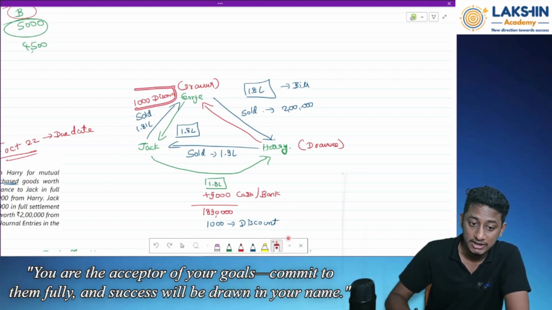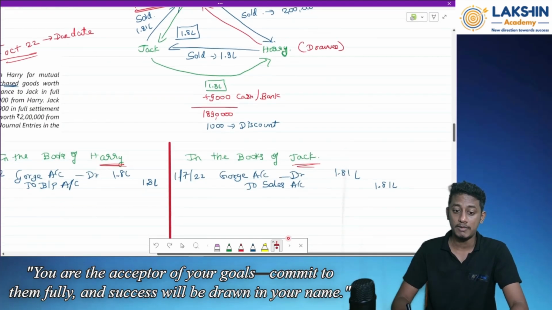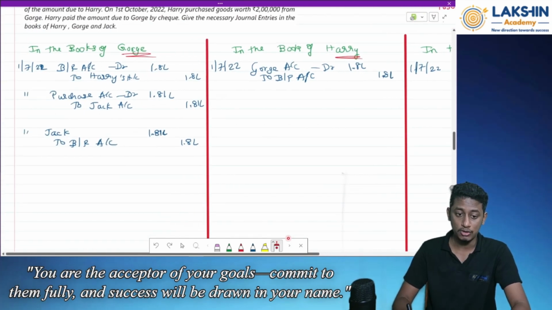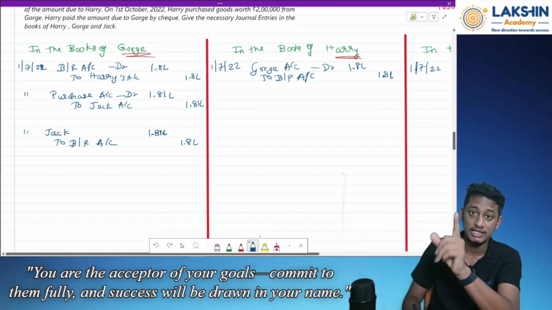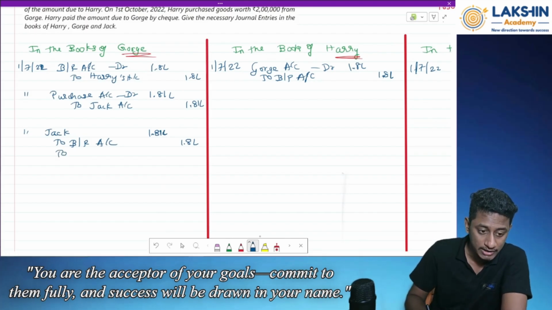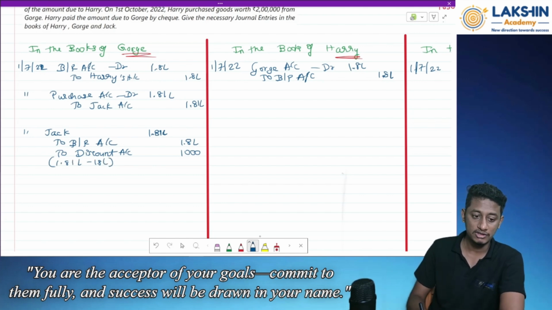So the 1000 rupees is a discount given by Jack to George. Whatever discount George receives is an income, and whenever income increases, we credit the account. Discount account rupees 1000. You can mention a note: 1,81,000 minus 1,80,000. So 1000 rupees is the discount value.